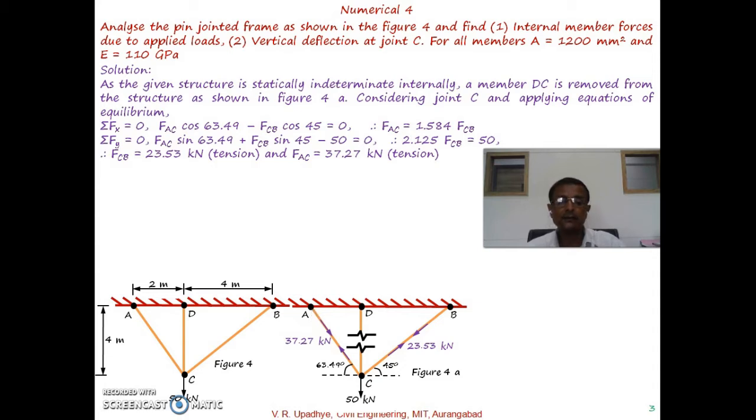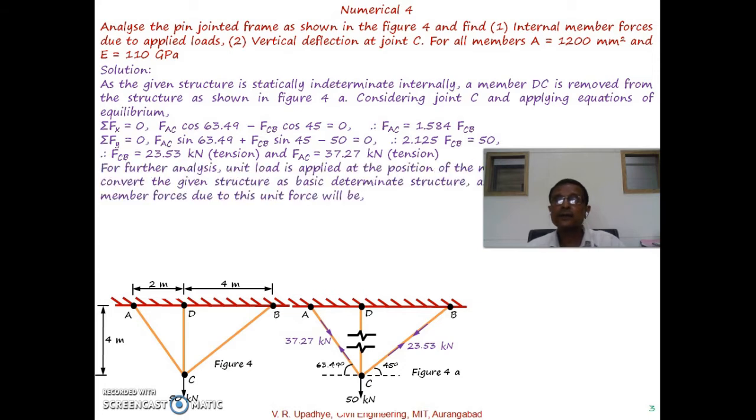Now that one member FCD was removed. Now what we need to go for to find what exactly the internal member forces are in the original structure, we need to apply unit load at the position where the member was removed.